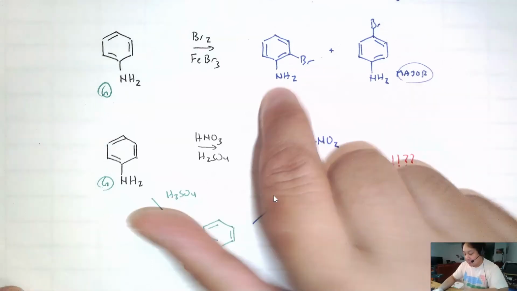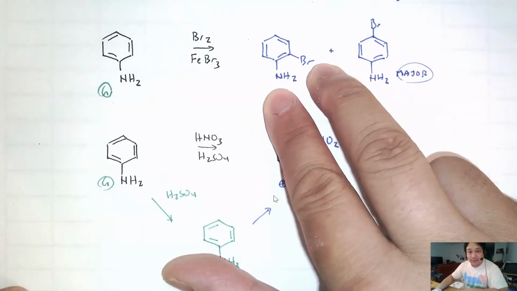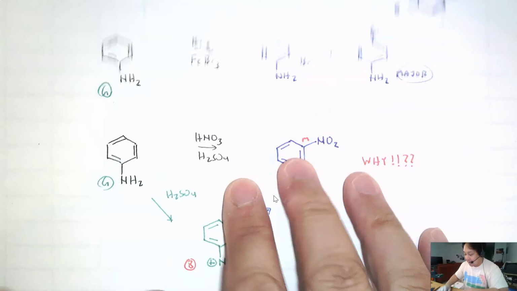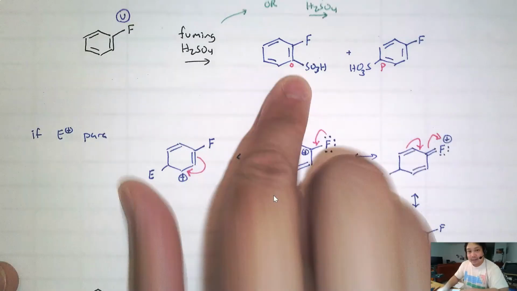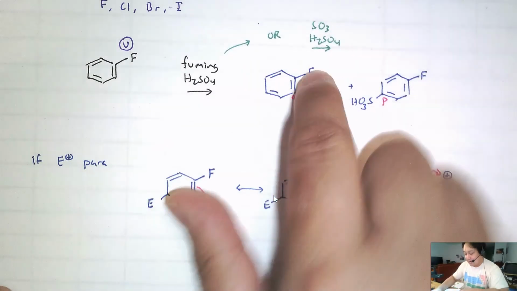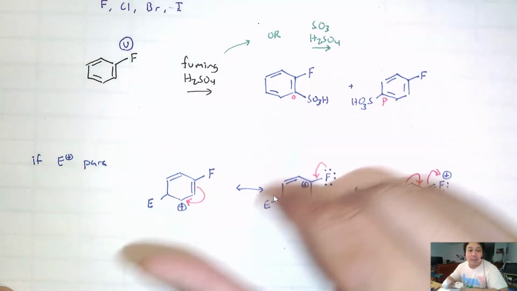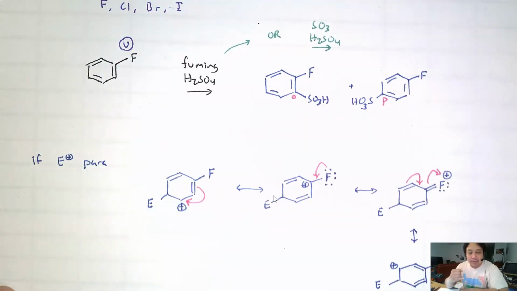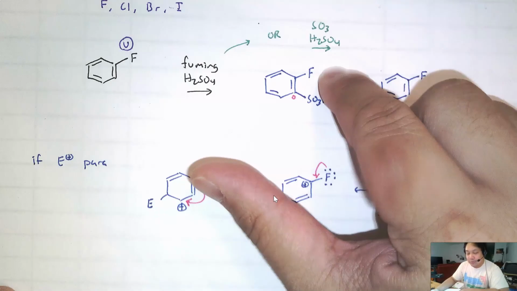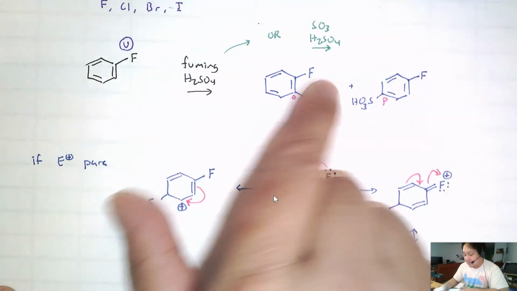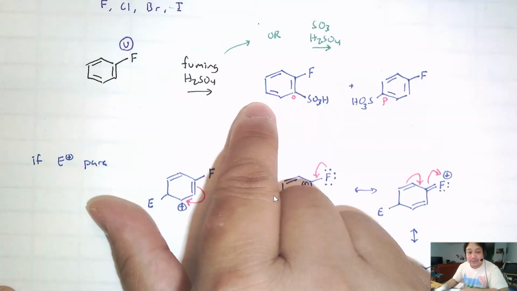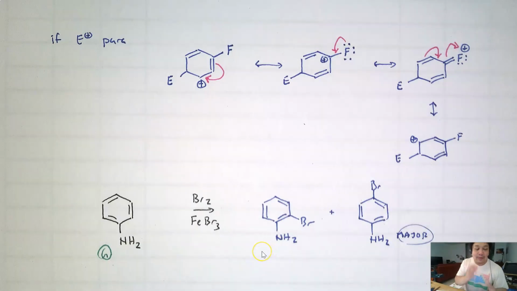In this case, we have a good group and an ugly group. In this case, we have a bad group and an ugly group. What if we wanted to add that third group? Who decides who goes where? Who decides where that third electrophile goes? That is the subject of the next video, when you have competing groups.